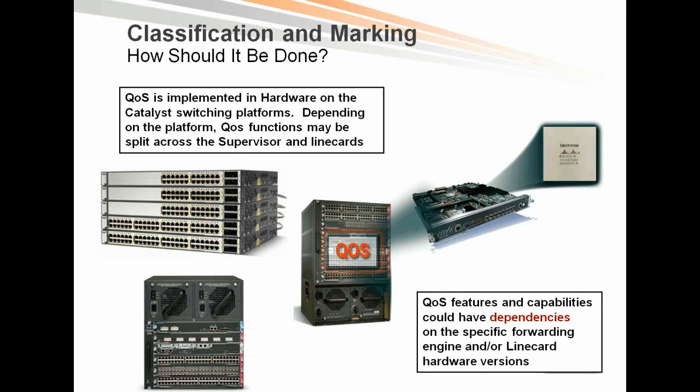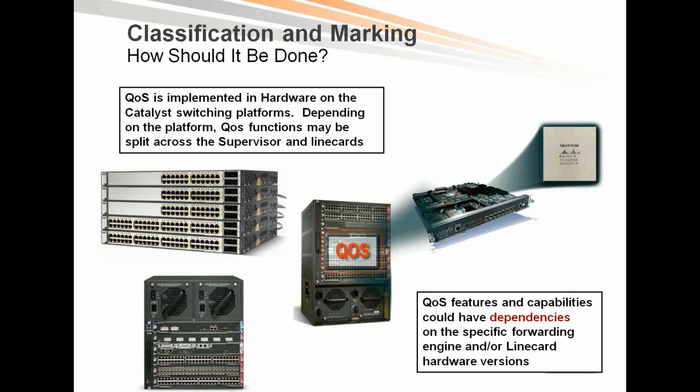If we push classification and marking into the hardware, which is generally there at the access edge, everything is done in hardware, and it allows us to offload the CPUs from the WAN side of the house. Now, today with ISR G2 and ASR 1K and the larger CPUs that have come along, it's not a huge requirement, but every bit of CPU helps on these platforms, specifically when they're doing routing and intensive applications and they're doing DPI, which is really what we want them to be doing there at the WAN.